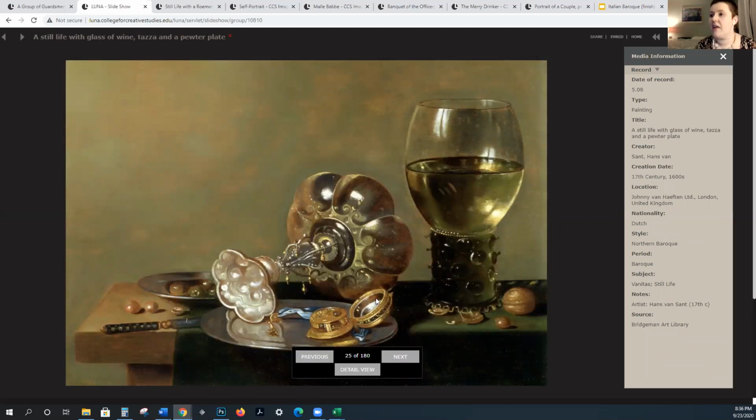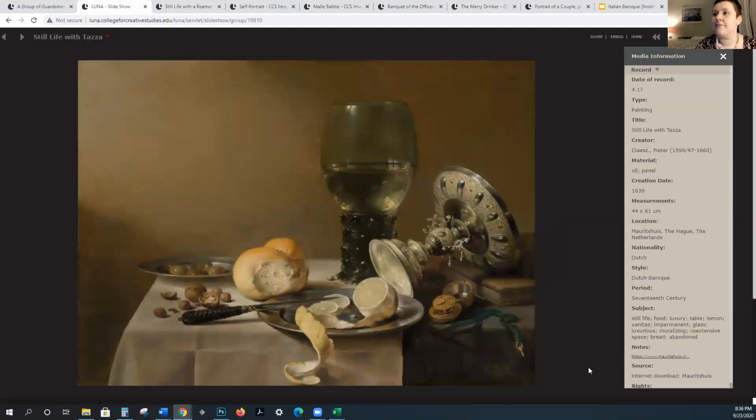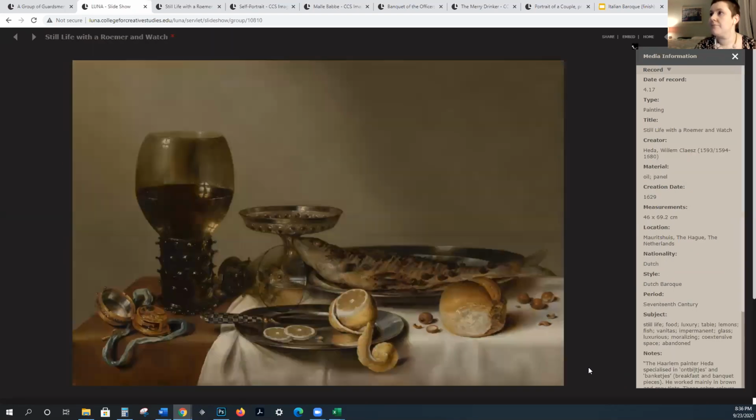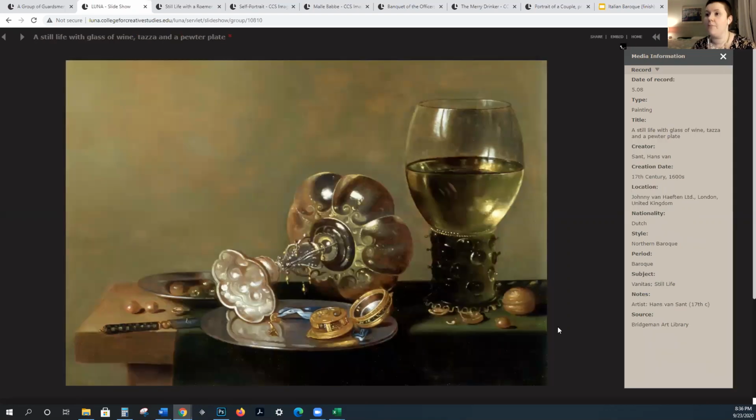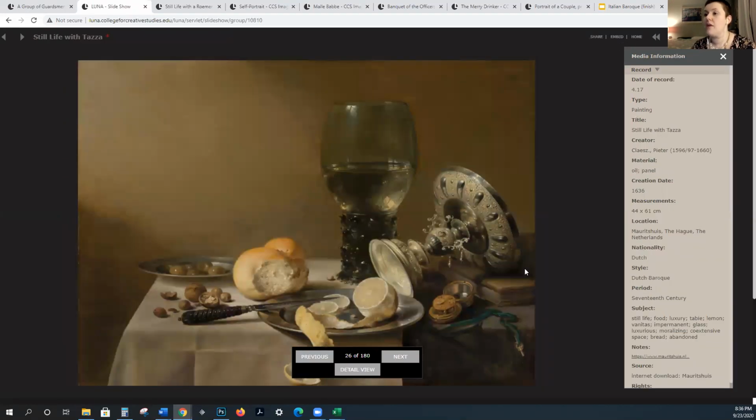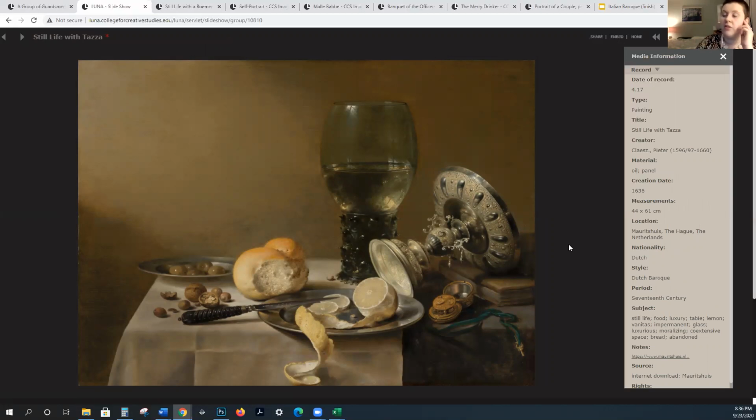You're going to see, again, this is the same watch, okay, same glass. And this, again, has to do with the fragility of life, how easily life can be upended, all right? And so these are actually works by three different people, but you can see how very similar they all are.